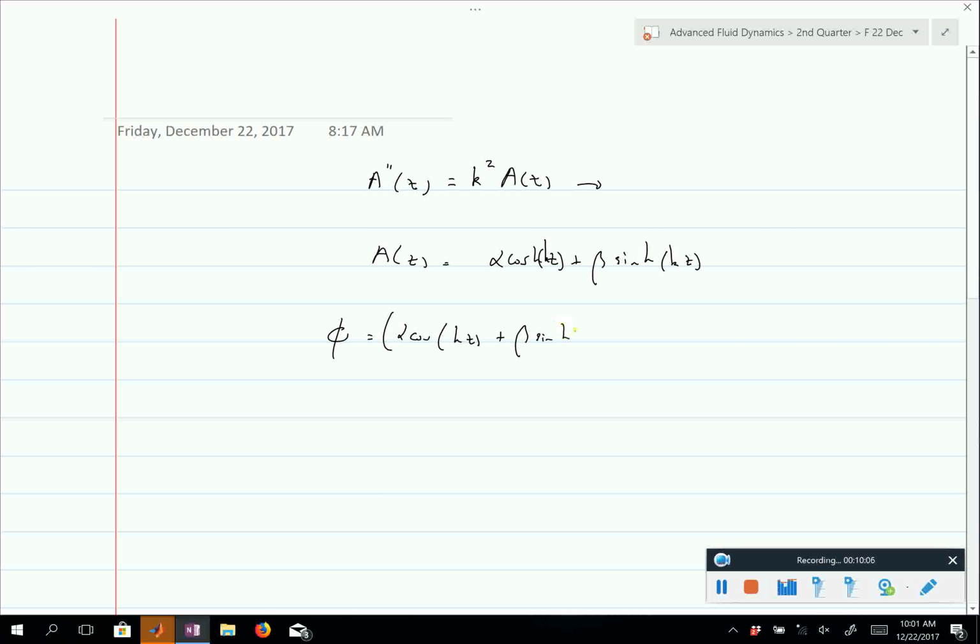Sorry, so I have a hyperbolic sine, and here I have a k, times exponential i(kx minus ct). This is what the solution is going to look like. This is the first thing that we imposed, and the second thing we'll impose is directly, I'm lost in my numbering.